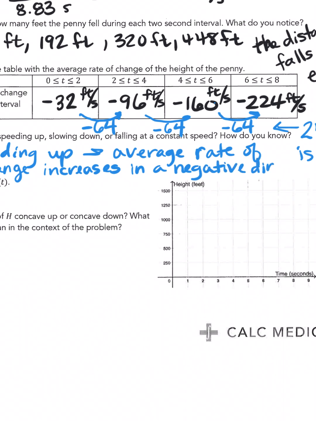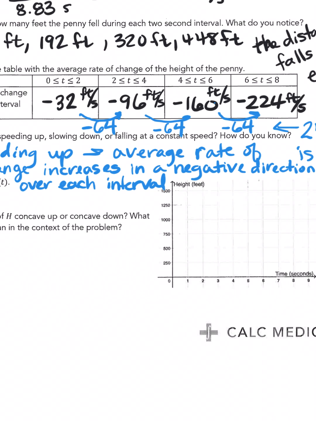The negative direction only tells us which direction it's falling, doesn't it? My hand gets ahead of my brain. For each interval. Okay. In other words, it's a faster rate each time.